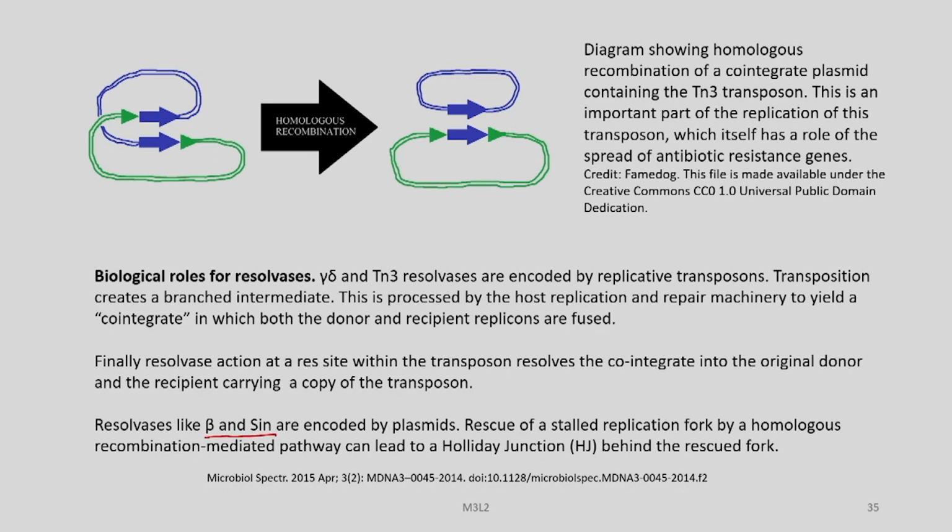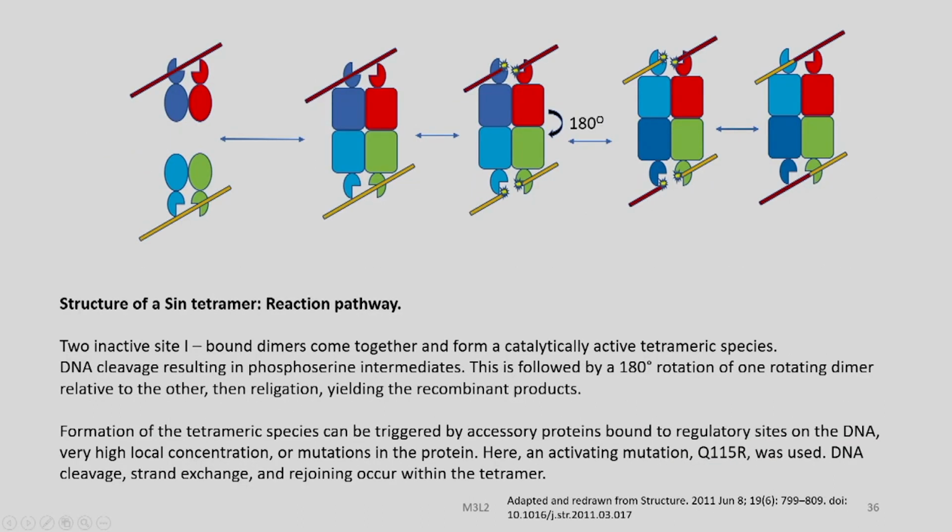Rescue of a stalled replication fork by a homologous recombination mediated pathway can lead to a Holliday junction behind the rescued fork. Let us look into the structure of a Sin tetramer and the reaction pathway.